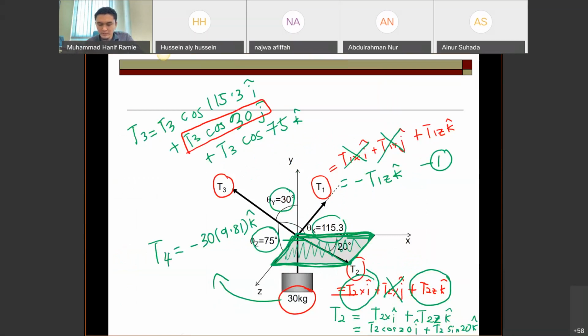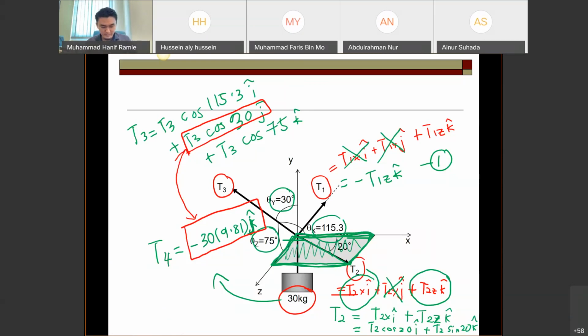There is only one value for y. The T4 is supposed to be the y component, so it should be J. Thank you. This one is also a y component. So you can use the equivalent system of y components to get T3.